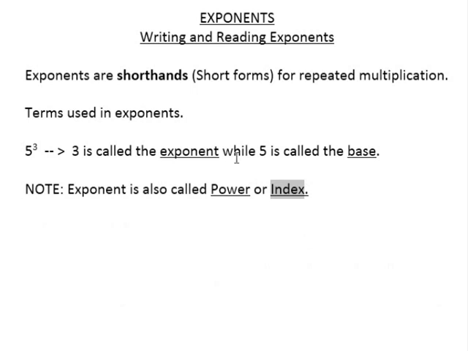You can call it exponent as our topic, or you can say it is called power, or you can say it is index. Remember here 5 is base, 3 is power, exponent or index. And note that the index should be written next to the base and it should be written above and not below, and should not be the same size as the base.